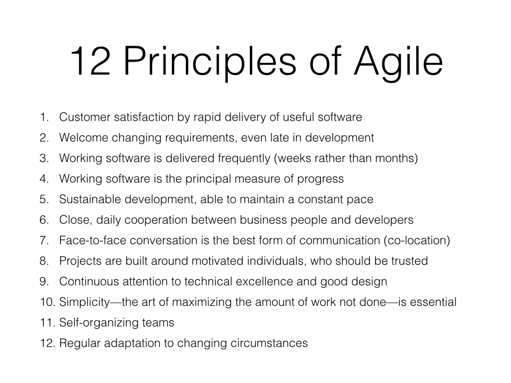Working software is also, like I said, the principal measure of progress. Then there's sustainable development. You have to be able to maintain a constant pace so that you're not working super hard to get done with one phase to move to the next. You're constantly maintaining a pace where people have a balance in their work environment and in their lives so that they continue to produce at a sustainable rate.